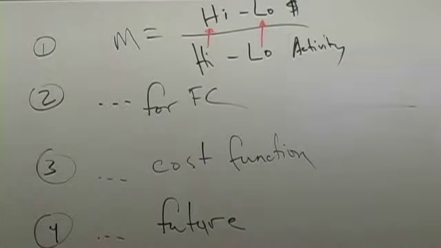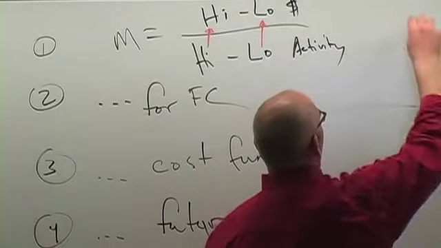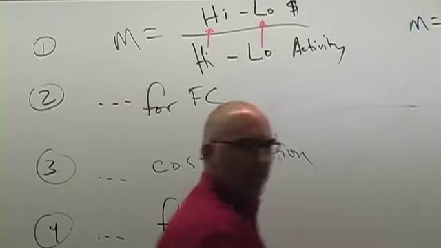And so, again, one has dollars, one is an activity. So using the above information in the high-low method, estimate the cost function of Southern Carpets. So first thing we're going to do is this. What's M going to equal? Will, can you give me a number?